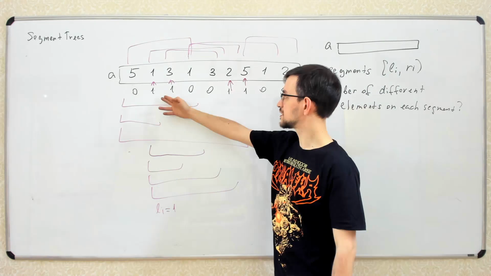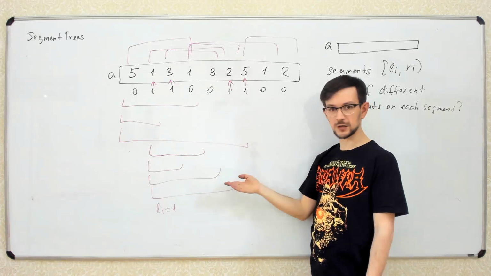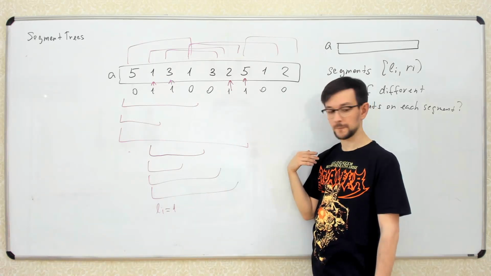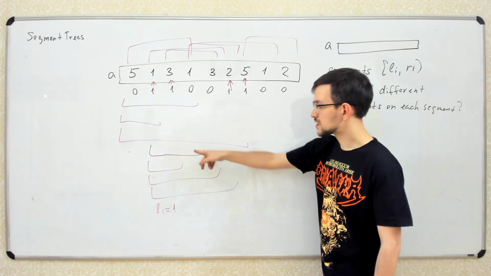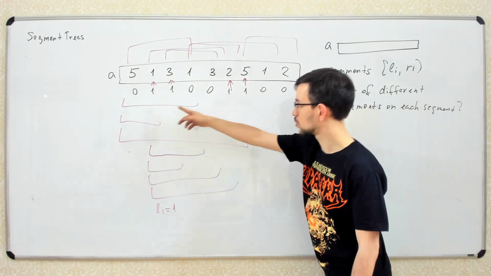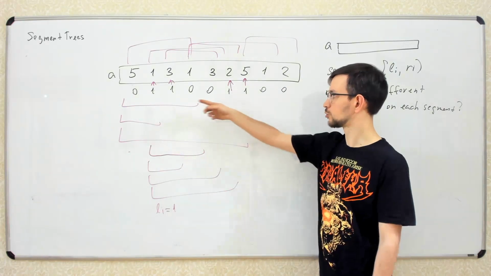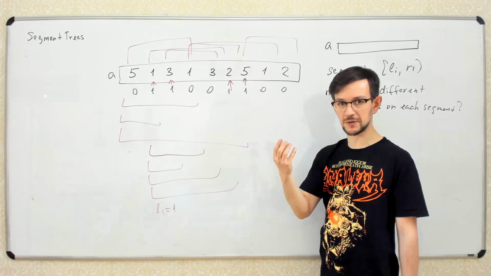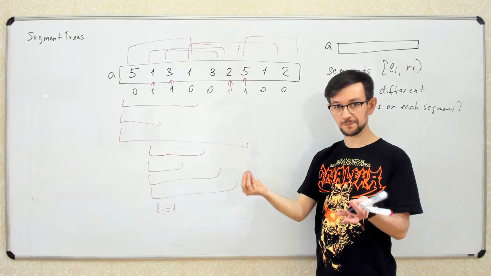Now again, in this array, we mark all the elements which are leftmost inside our segment. Makes sense? So we can answer all these queries. For each query, we just calculate the sum on this segment. This sum will be equal to the number of unique elements, because we put 1s in the positions where we have these unique elements.